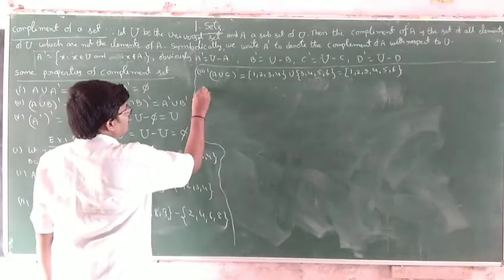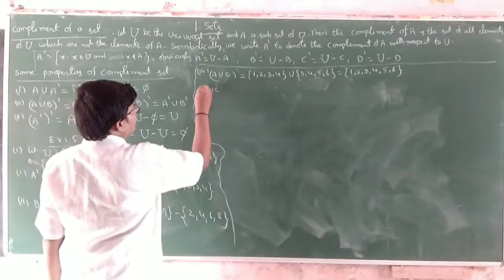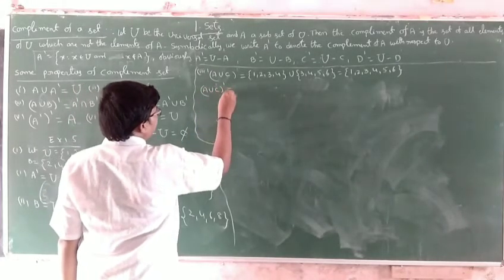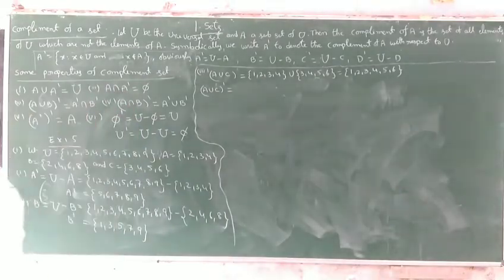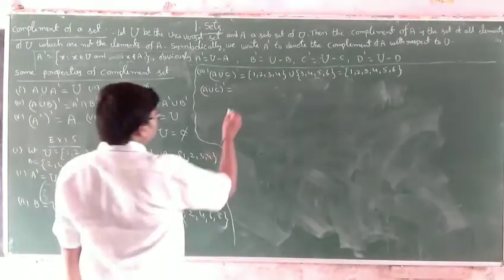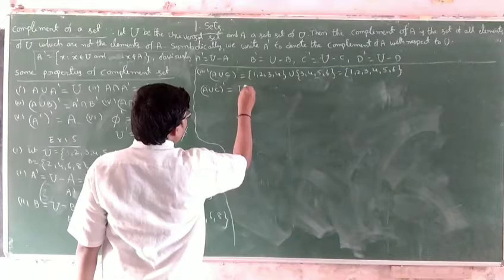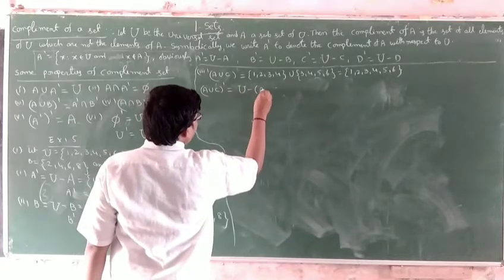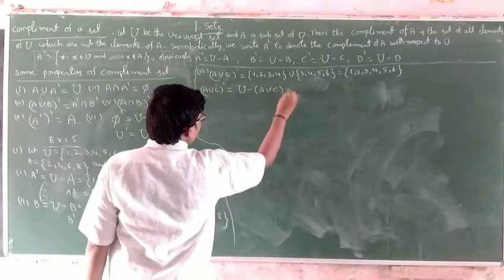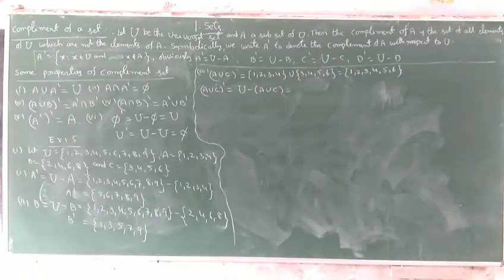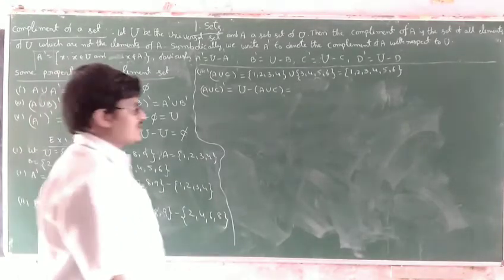So next, (A union C) whole complement is equal to, by the formula, universal minus (A union C). A complement of any set is the universal set minus that set.